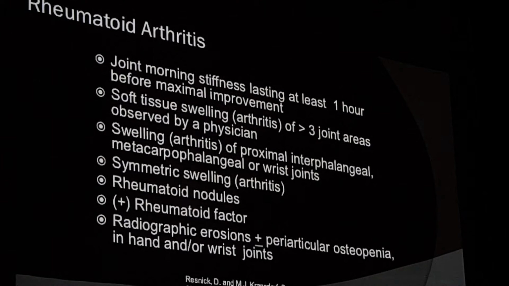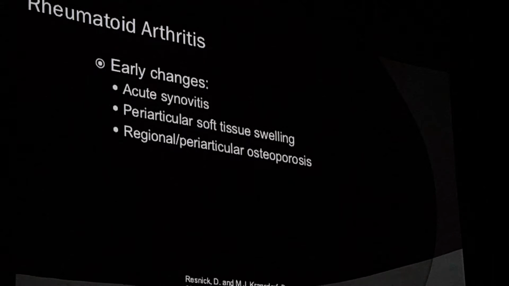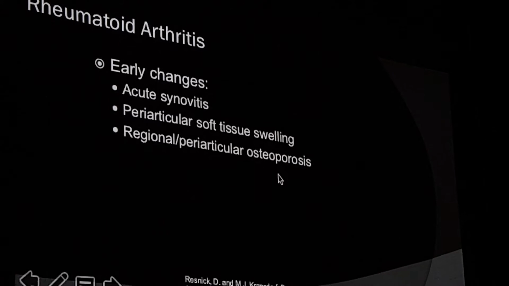For rheumatoid arthritis, these are the clinical characteristics. If you remember your patho, just review that. But for the X-rays, basically the hallmark is regional or periarticular osteoporosis, particularly in very early rheumatoid arthritis.